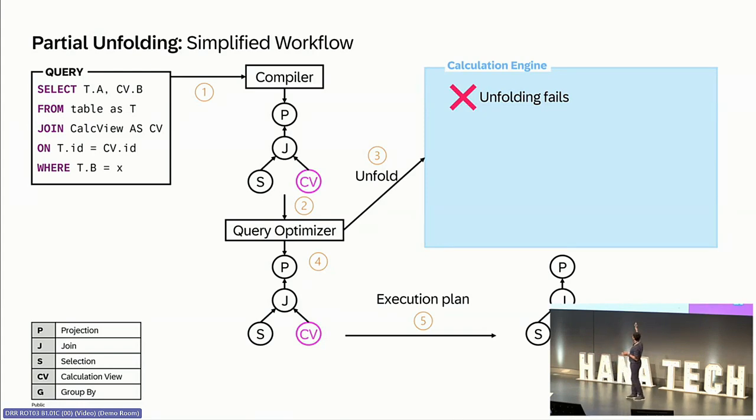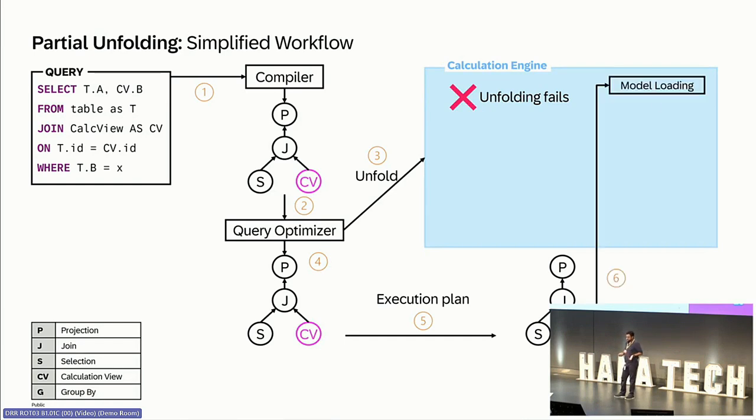And this is what happened. We end up with such a hybrid plan where part of it is excluded from the HEX pipeline and the execution plan and will be delegated to the calculation engine. And this is what happens actually during the execution.